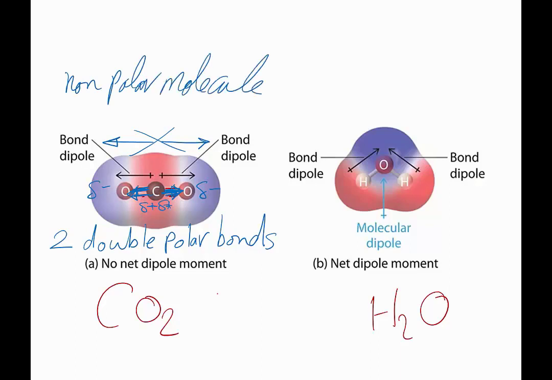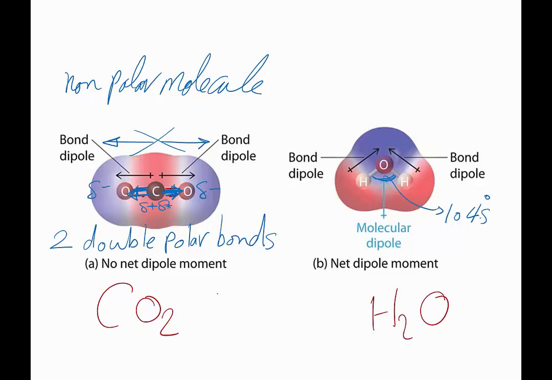Okay? Let's look at water. This is the shape of the molecule of water. And by the way, it has an angle. There is an angle between the two sides of the bonds. This angle is measured to be around 104 or 104.5 degrees.